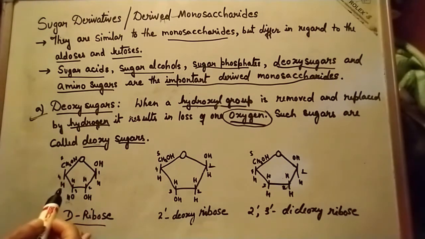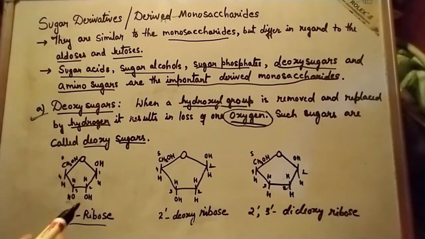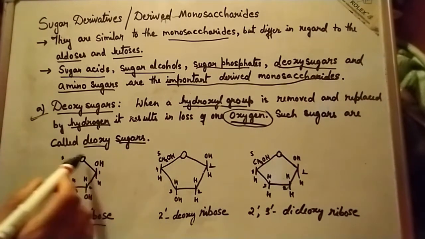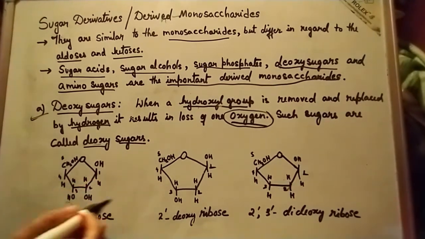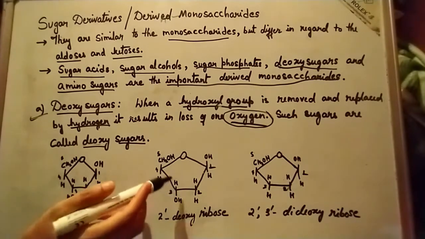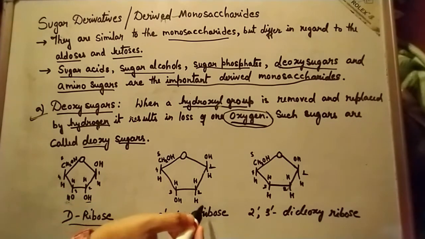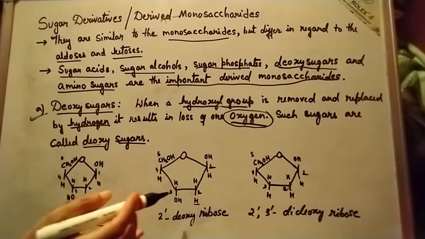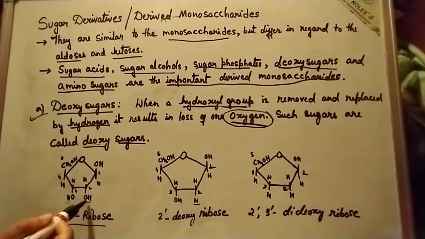Now if you take a look at the example here, that is the ribose sugar, the D-ribose sugar, this is its structure. But if you see at carbon number 2, the OH group is replaced by a hydrogen. That means in the second carbon atom there is a lack of oxygen. You can see hydrogen here and hydrogen here, but in case of ribose, we have the hydroxyl group OH.